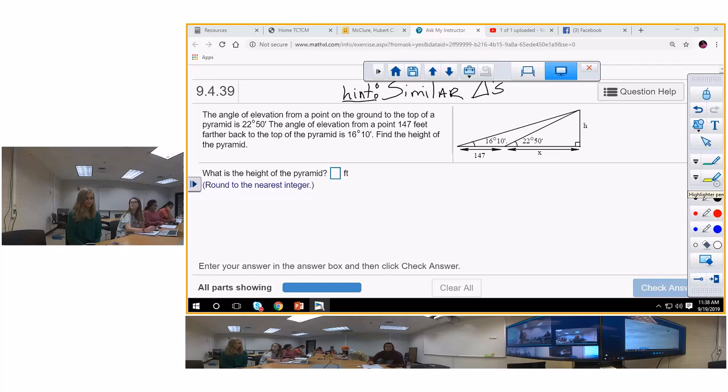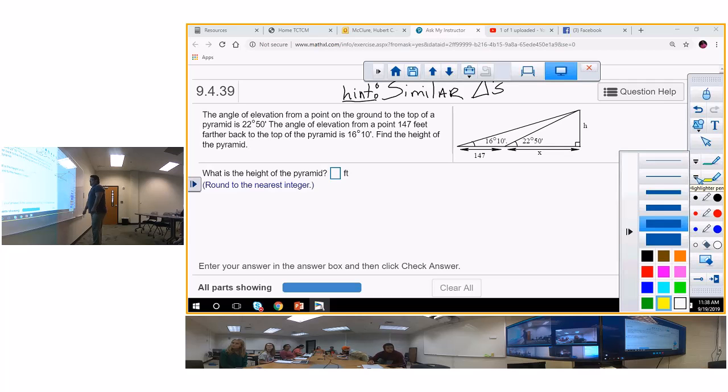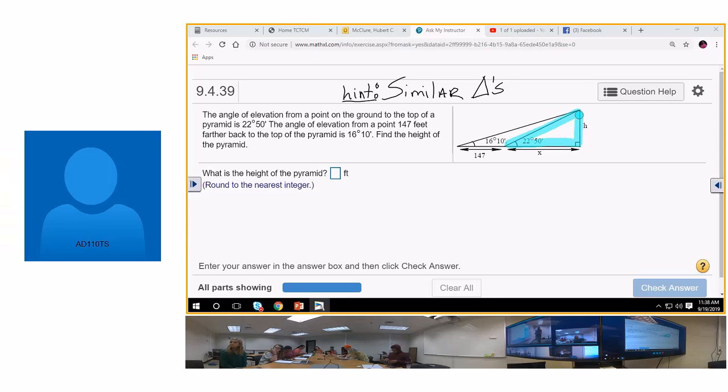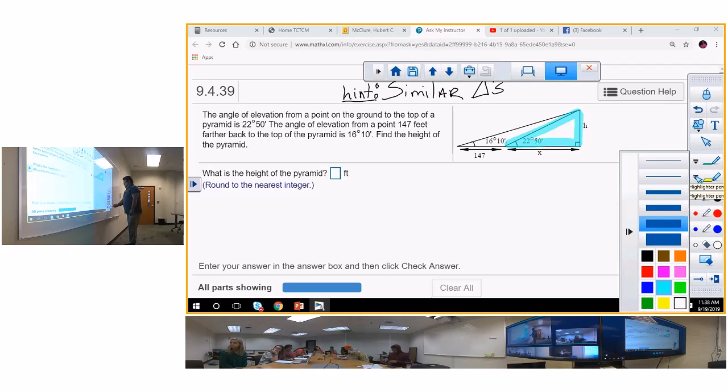Actually, if you were given this distance, you could figure the height. But I'm going to take my handy dandy highlighter, and here is one triangle. Everybody with me? Mm-hmm. And here is the other triangle.